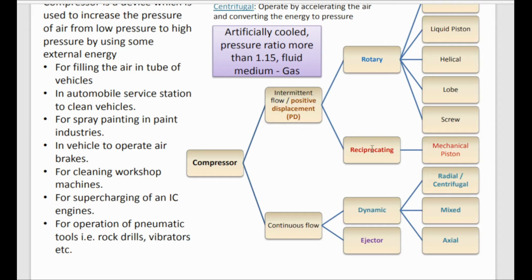And here in the dynamic type of compressor the speed of the rotation is very high, and depending on how the flow happens inside the vanes or on the vanes, it is classified as radial or centrifugal, mixed, and axial type of compressors.